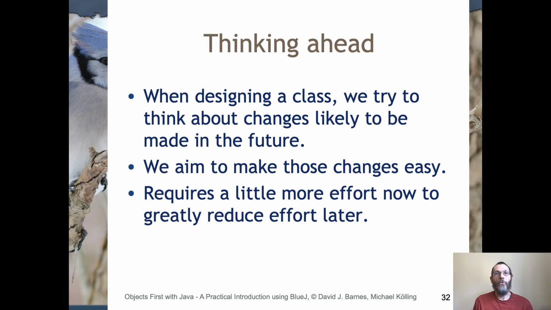So it's important always to be thinking ahead, and when we're designing a class, we try to think about changes that are likely to be made in the future. When we think about adding new features to a class or to a method, we need to think about whether this is adding to its existing responsibilities in a consistent way, or whether we would be better defining a separate method or a separate class, potentially uniting the functionality of those two separate methods via a third method, or those two separate classes via a third class that's going to coordinate the instances.